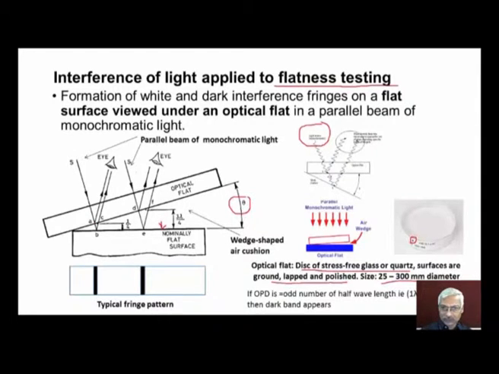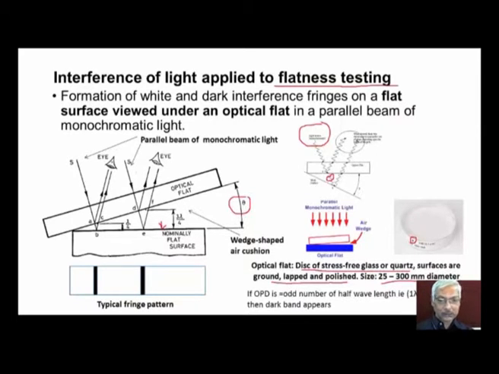This transmitted light will fall on the surface to be inspected, and then again it is reflected back and takes this path. Now we have two light waves, and these two are combined at the eye.